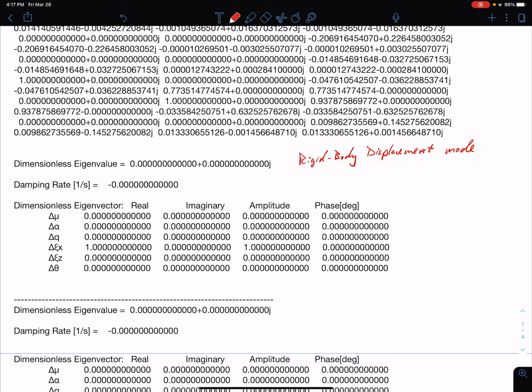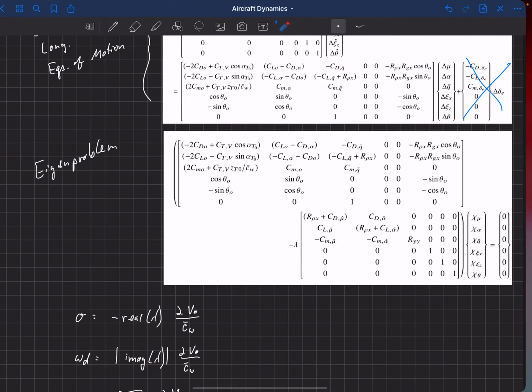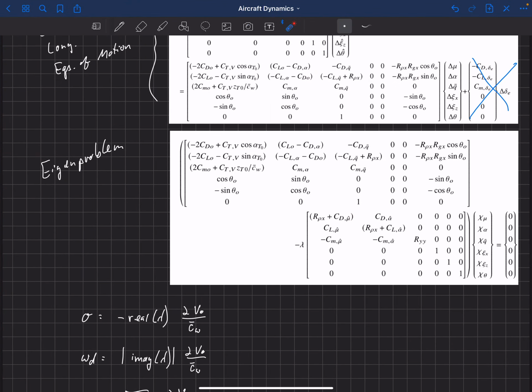When I look in my eigenvector, these were my 6 independent variables in my system of equations. Let me go back over there real quick. These are my eigenvector components, and they came from these 6 independent variables.